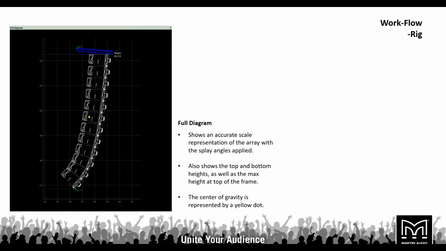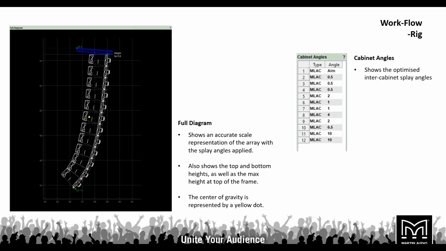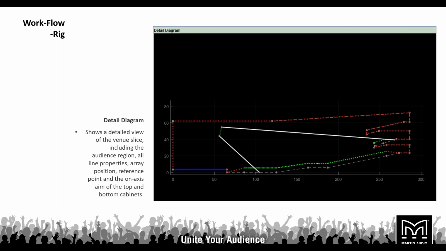All fun things and very important things for riggers. The cabinet angles again shows you the optimized splay angles in between cabinets. The detail diagram shows you the detailed view of the venue, including the aim of the top and bottom cabinets, on axis aim, that is not topmost and bottommost.